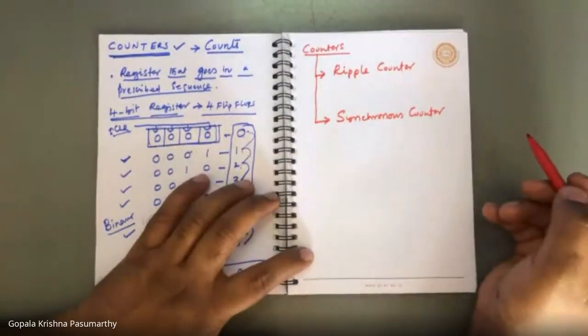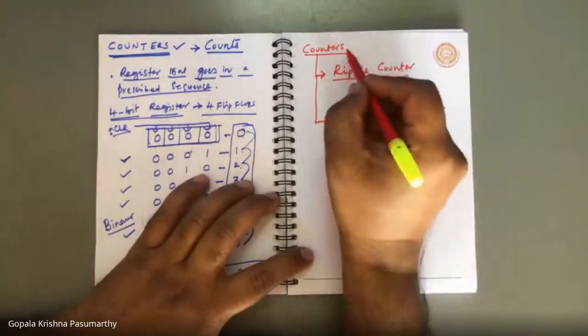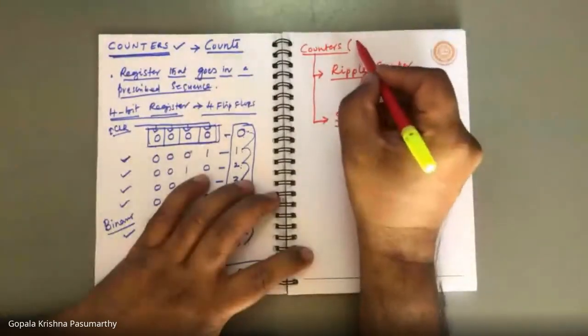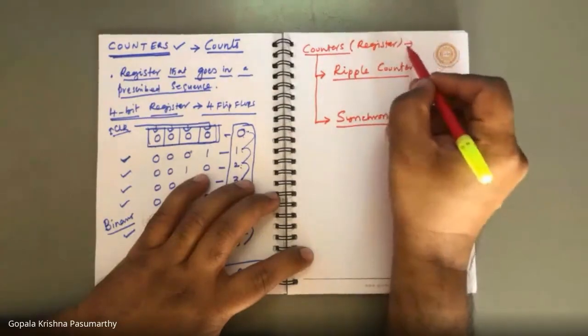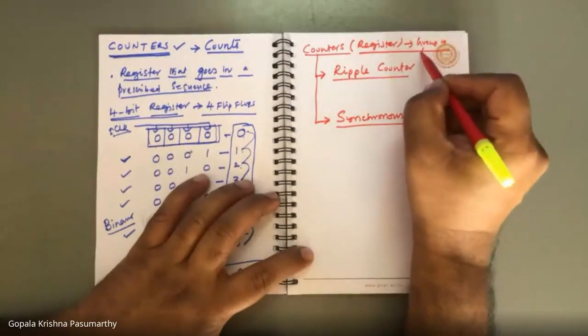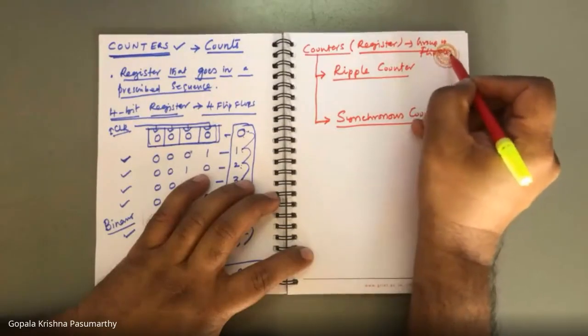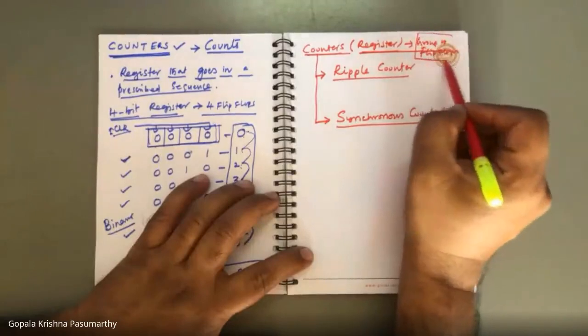Just now I have explained what a counter is. A counter is nothing but a register. What do you mean by register? A register is nothing but a group of flip-flops.